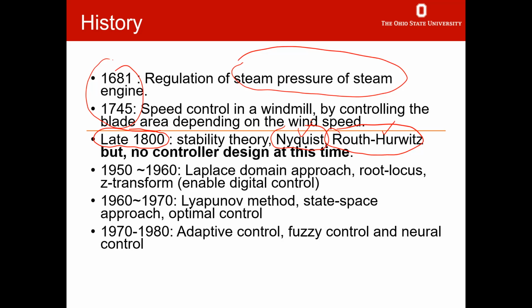Now, 1950s, 1960s, this is what we've learned until now, the Laplace domain approach. For design, we are first going to learn the root locus method. We are going to plot all the roots of a closed-loop system as one free parameter is changing, and then use that for design purposes.